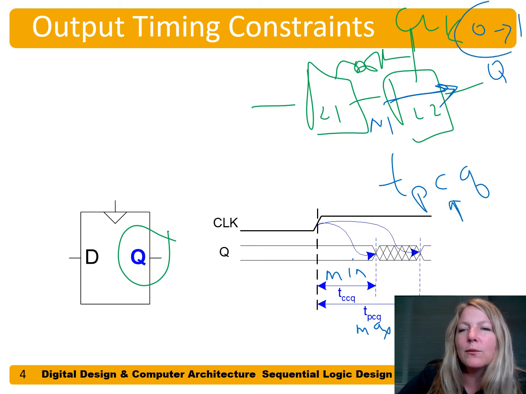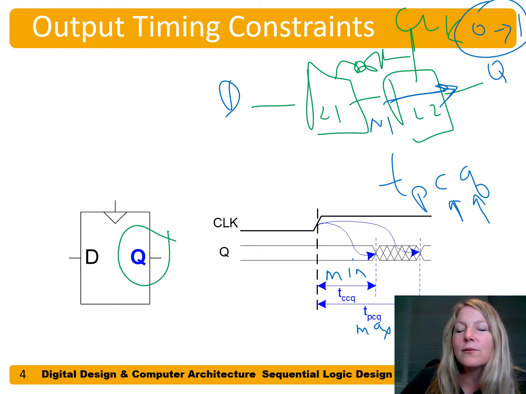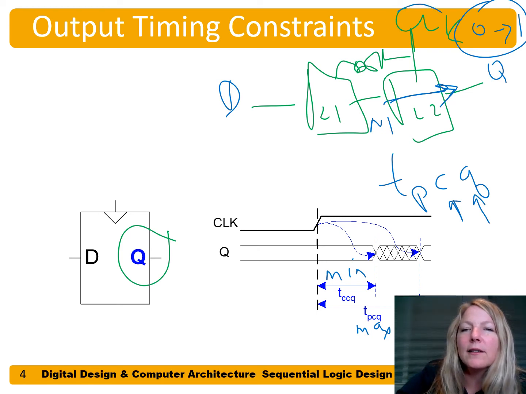Clock going from 0 to 1, not data changing. It actually depends on the clock changing Q. The clock is transitioning and causing that internal node N1 to be able to change what Q is. So it's a propagation clock to Q.